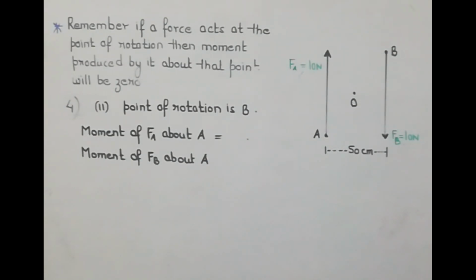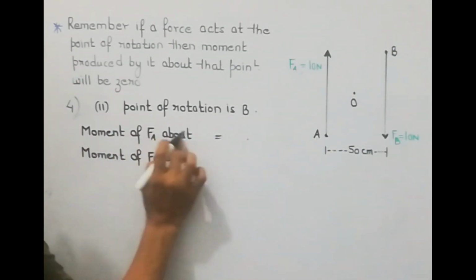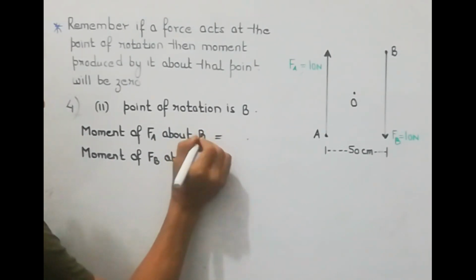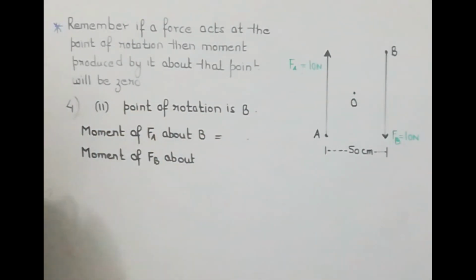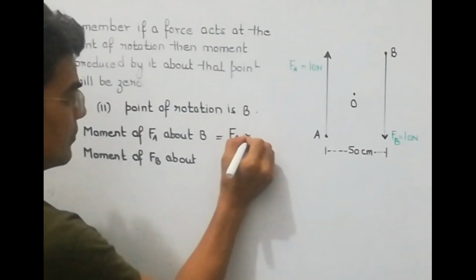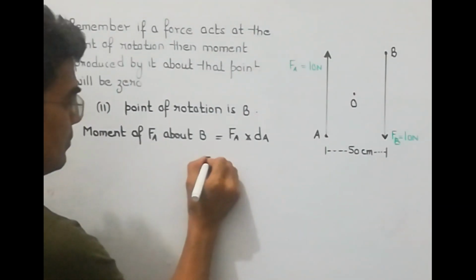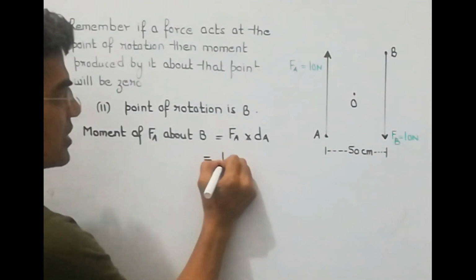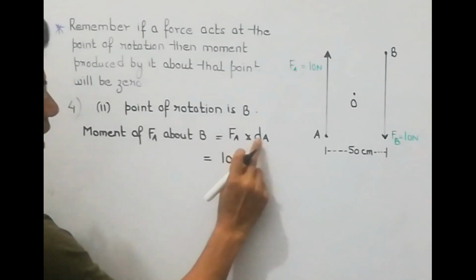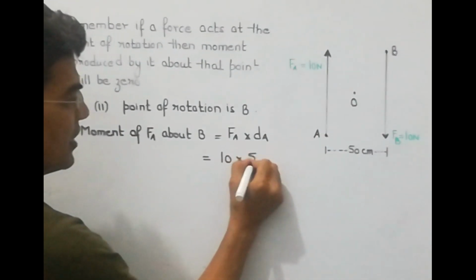Now, how far is Fa from B? You have to calculate the moment of Fa about B, because here the point of rotation is B. Fa force is 10, and the distance of Fa from B is 50 centimeter.